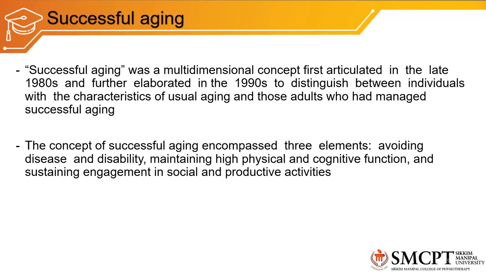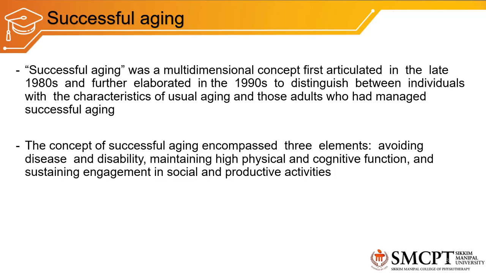Another terminology which has gained importance is successful aging. It is a multidimensional concept articulated in the late 1980s, and it was elaborated by Rowe and Kahn in the 1990s. Its goal is to distinguish between individuals with characteristics of usual aging and those adults who have managed successful aging.